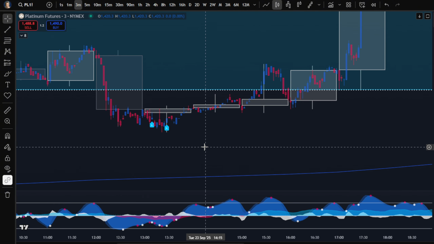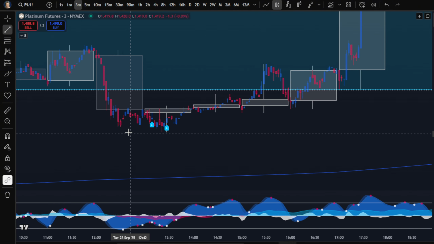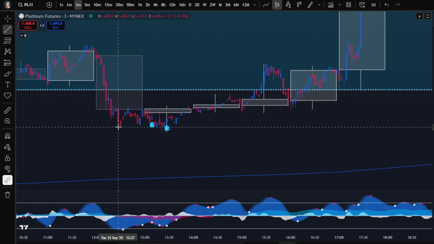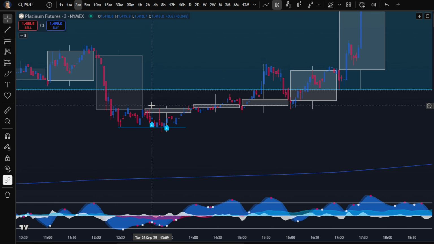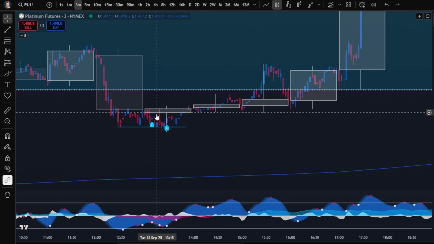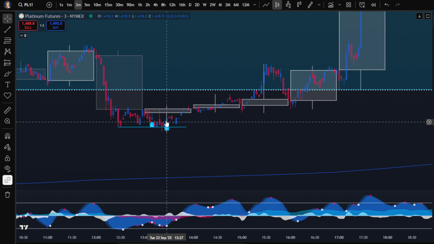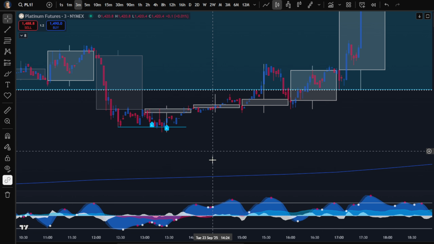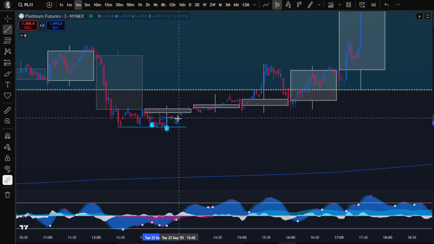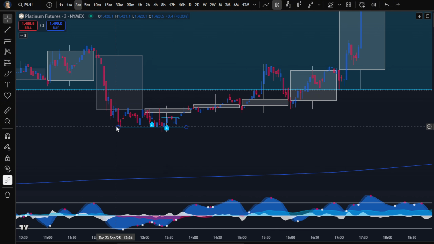We're looking at, because I have the 1 hour selected, 1 hour silhouette, the low of the previous 1 hour candle. We have in the current intra-bar 1 hour candle, when our pattern closes on the 3 minute, price is higher than the low of the previous 1 hour candle.